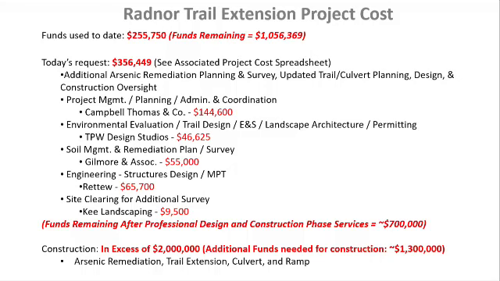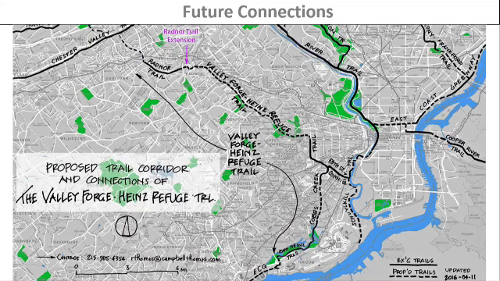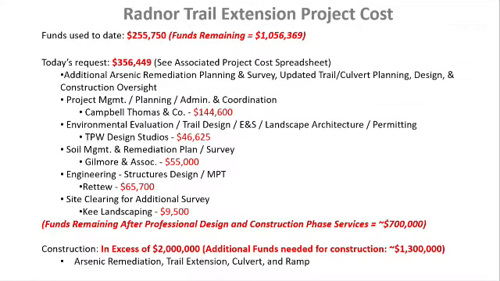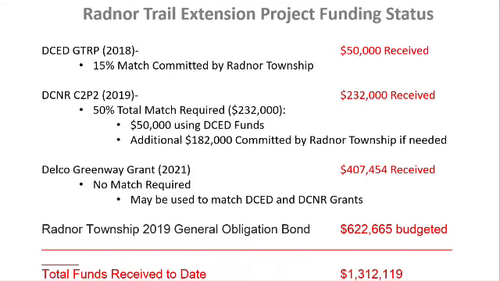Coincidental that it's also 1.3 on the next slide? Right, and then if you go back, okay, there. So far, you have these funds from the three grant sources. You have the general obligation bond. Those funds all add up to 1.3 million. Okay, and then let's go to the next one.